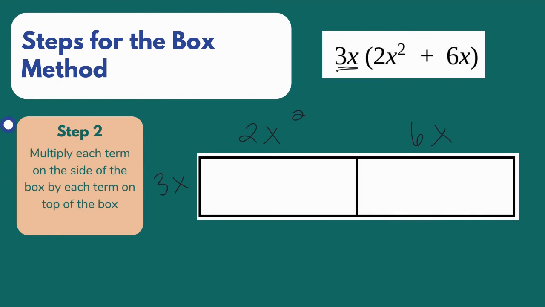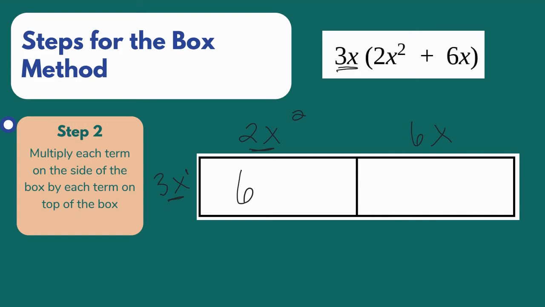So what I'll do now is I'll multiply 3x by the two terms on the top of the box. So I'll multiply 3x by 2x squared, and then I'll multiply 3x by 6x. So 3 times 2, my coefficients, will be 6. So I multiply my coefficients first. Then I have x to the invisible first power times x to the second power.